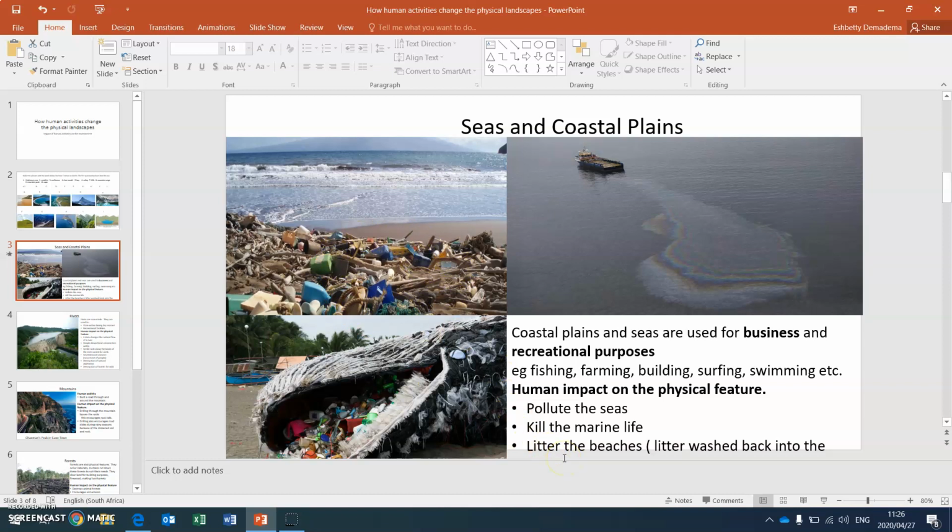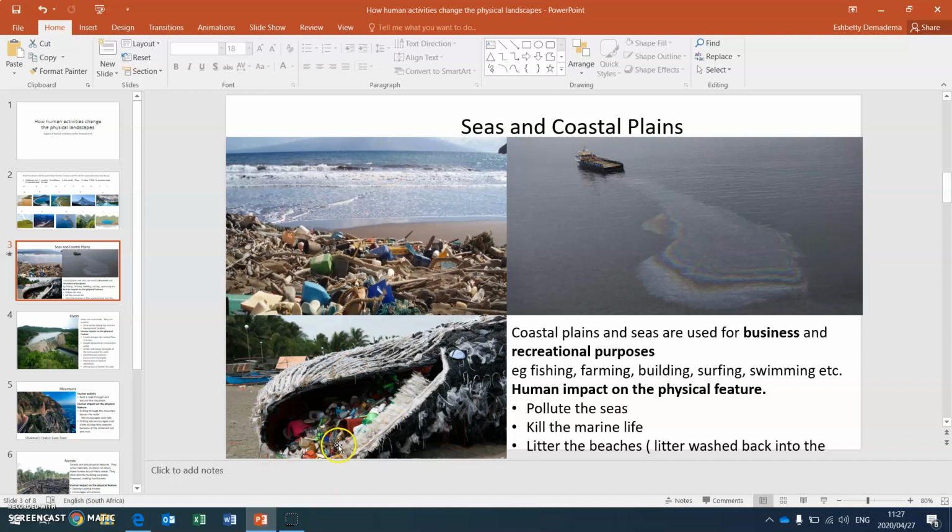And when we litter the area, it's sad because when the tide comes in, it picks up all that litter and washes it back into the sea. And when it gets into the sea, it's actually polluting that environment, and we've got fish and other creatures that stay at sea. Those start to eat whatever has been pushed back into the sea.